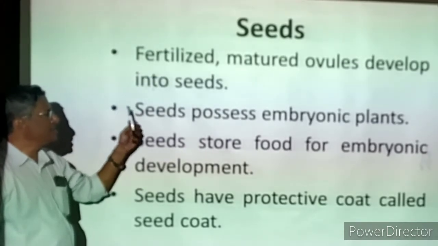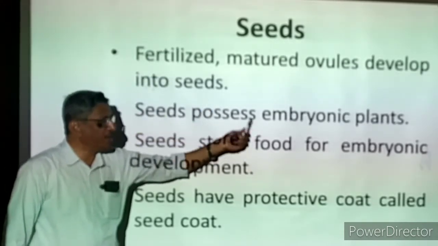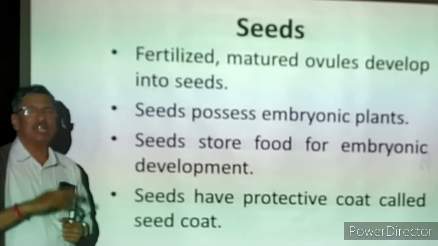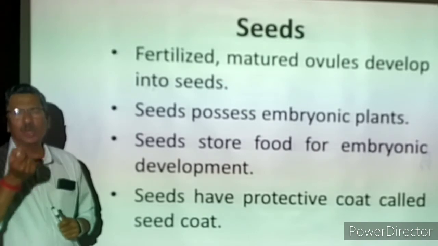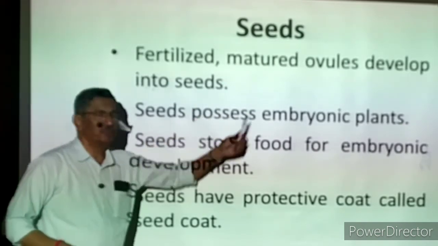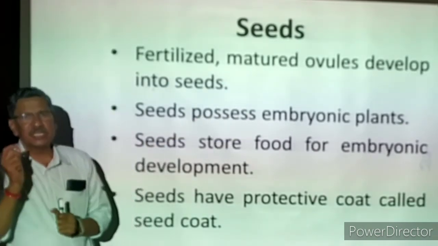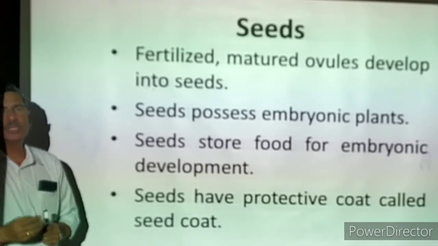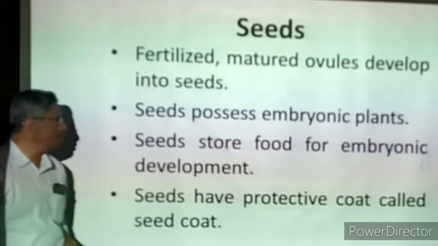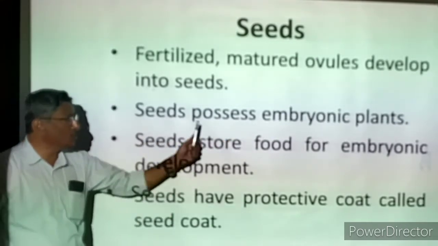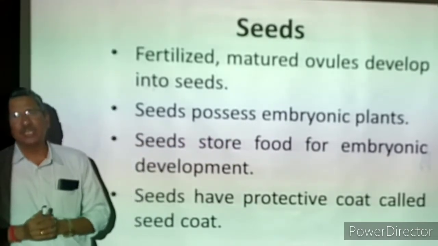Second point, seeds possess an embryonic plant, embryo plant, young plant, tiny plant we can say. So each seed bears a very, very small embryo. Now on germination, this embryo develops into the plantlet. Okay, so seeds possess embryonic plants. Seeds store food. Even the seeds are storing a lot of food.